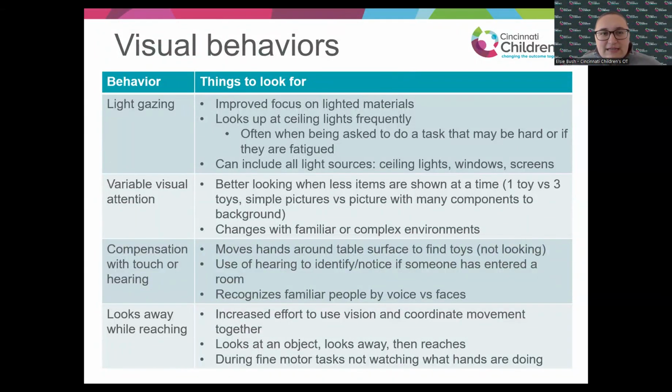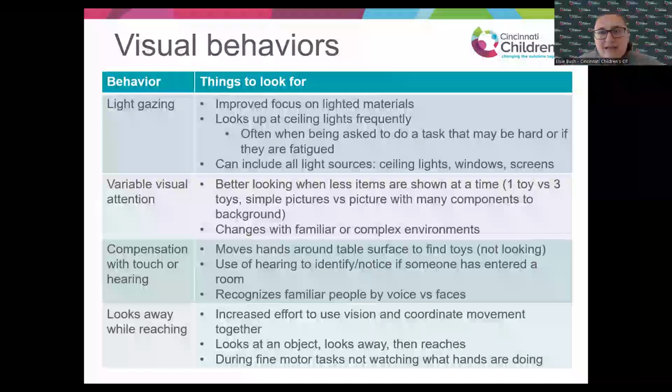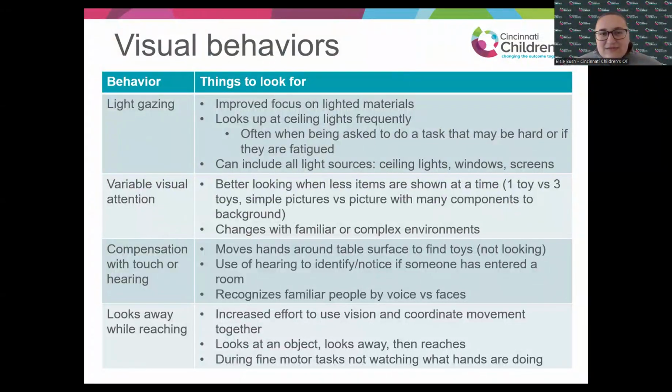I think clinically it's good to be able to work with a child and take in the different things that they're doing, and then we can look at those and see if they are having some of those signs of CVI. So we have this chart so you can reference it if you have a child that you're seeing that you have some concerns for visual processing or CVI.